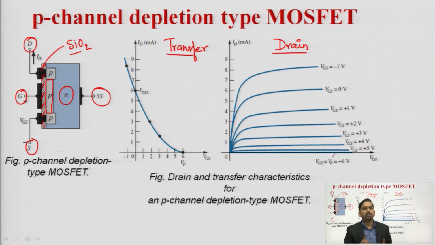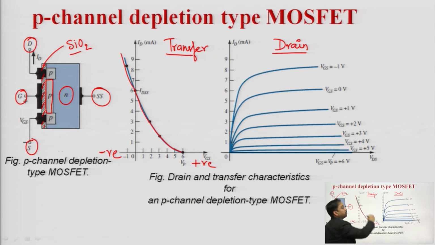For N channel depletion type, the current decreases when VGS was negative. So, here we can observe that when VGS is positive, the current decreases, and when VGS is negative, the current ID will become positive.